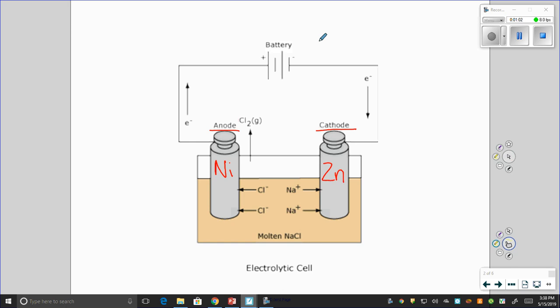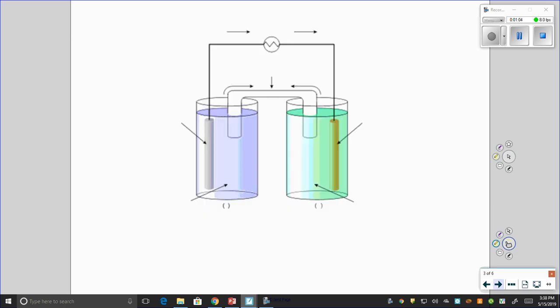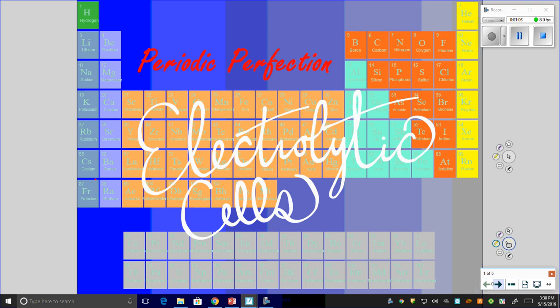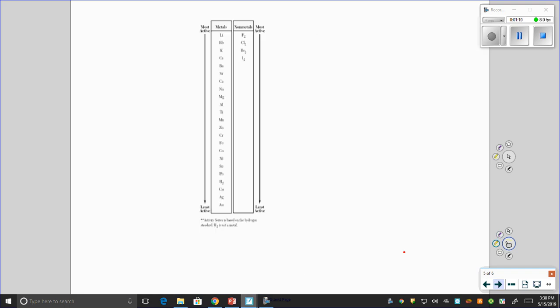So let's take a moment and look at table J and see how that relates to our system. So here, our zinc, which is on our cathode, is here, and our anode, which is nickel, is there. Now that sounds weird. Our nickel is lower than our zinc, but our nickel is our anode and our zinc is our cathode.